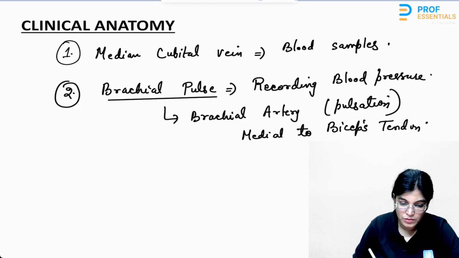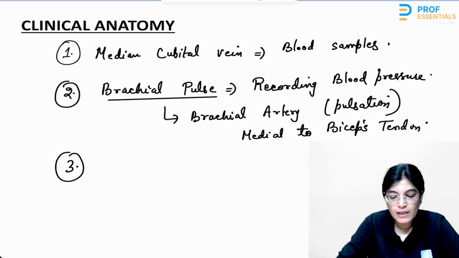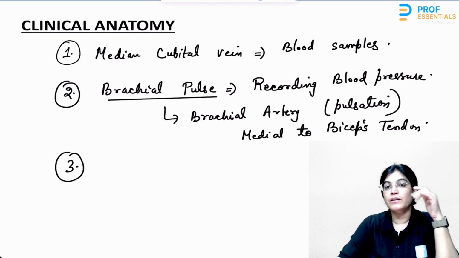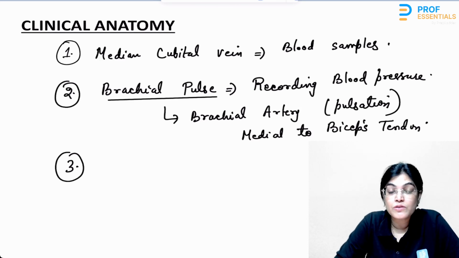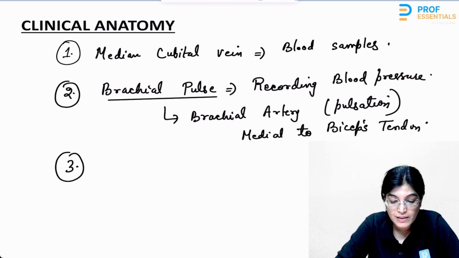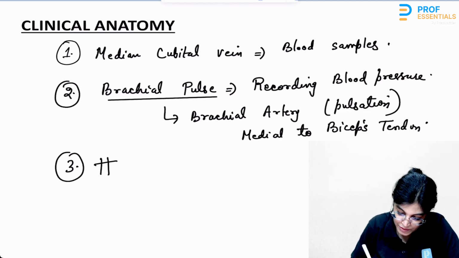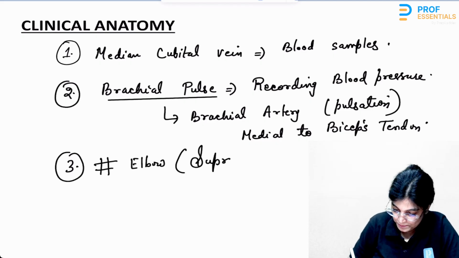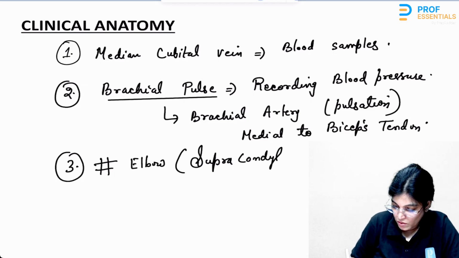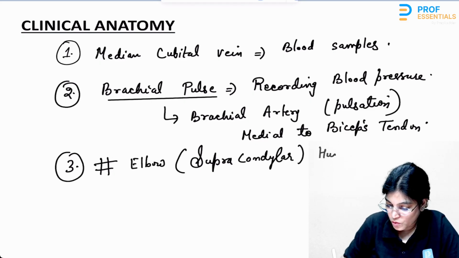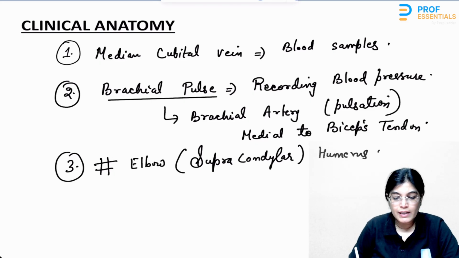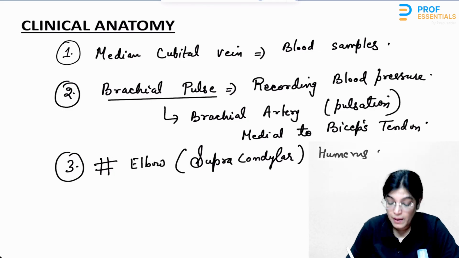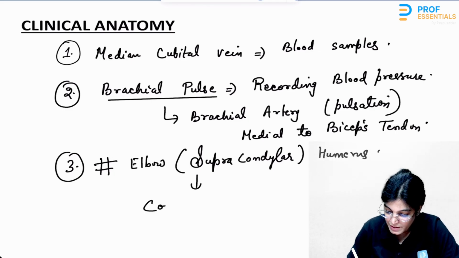Now, it's also important that whenever there is an injury to the supracondylar ridge of humerus, if there is a fracture of the elbow, a supracondylar fracture of the humerus bone around the elbow joint, the content of cubital fossa is specially compressed. Which content of cubital fossa is compressed?